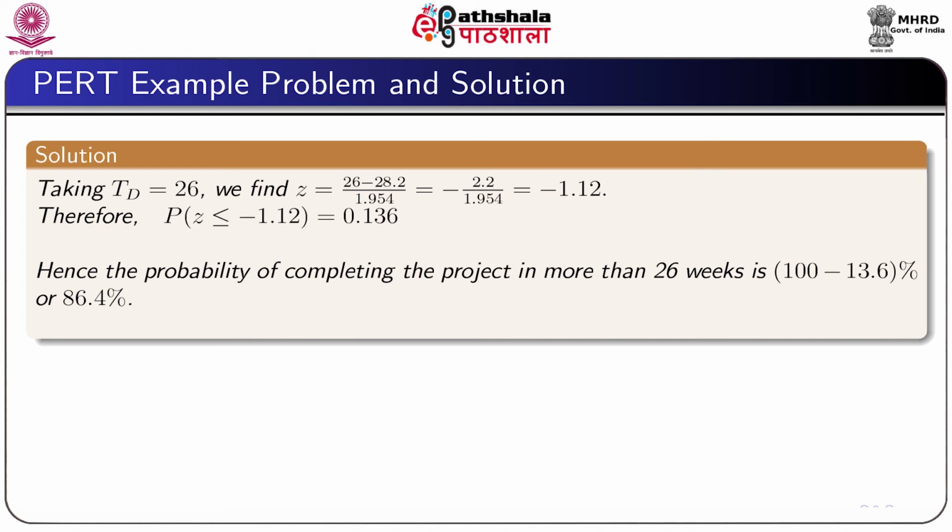Now, taking Td equal to 26 and Z equal to 26 minus 28.2 by 1.954, which is equal to minus 1.12, we find the probability that Z less than equal to minus 1.12 is equal to 0.136. Hence, the probability of completing the project in more than 26 weeks would be 100 minus 13.6, that is equal to 86.4%.